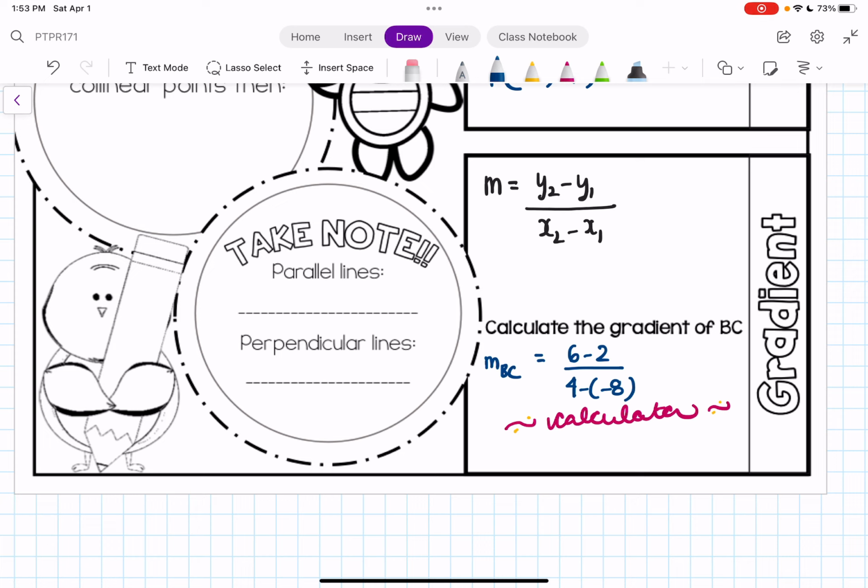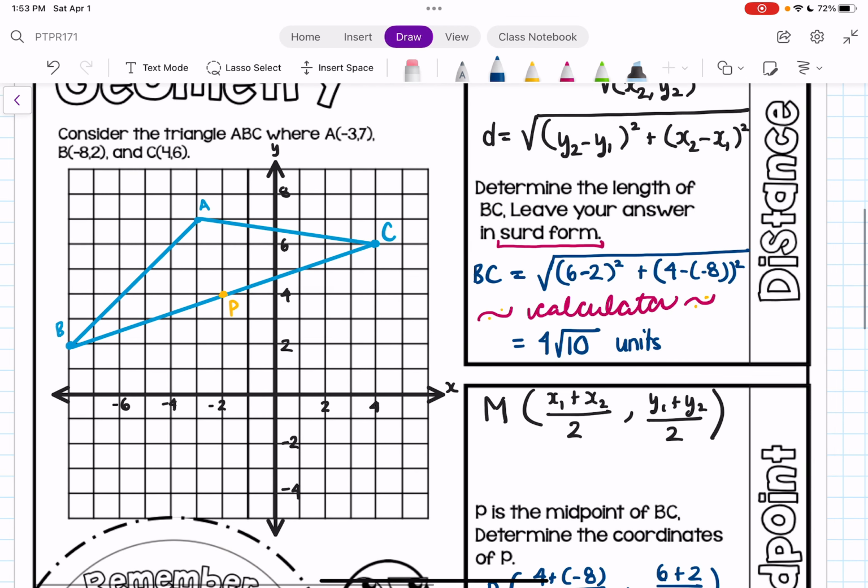Remember, not mixed numbers, but just simplest form. So the gradient is 1 over 3. And you could always test, right? You can use this graph to test and say, well, we go up by 1 and to the right by 3, and I'm back on my line. So I know that gradient is correct.